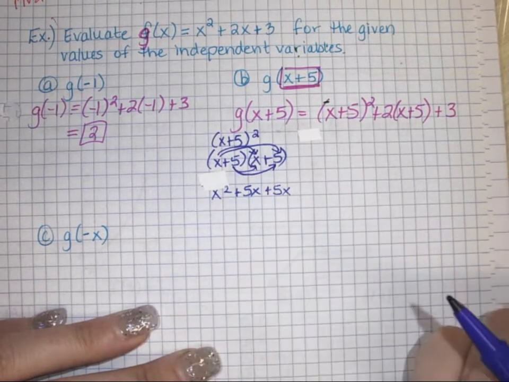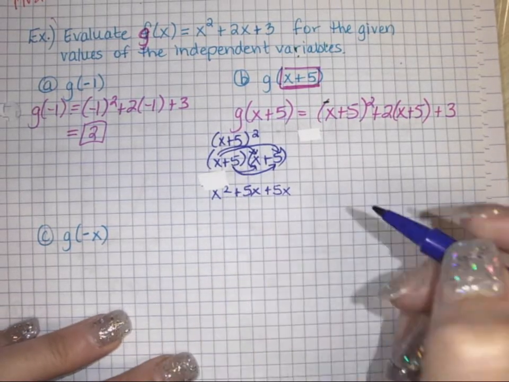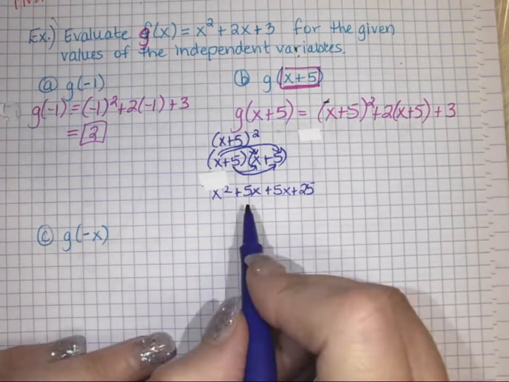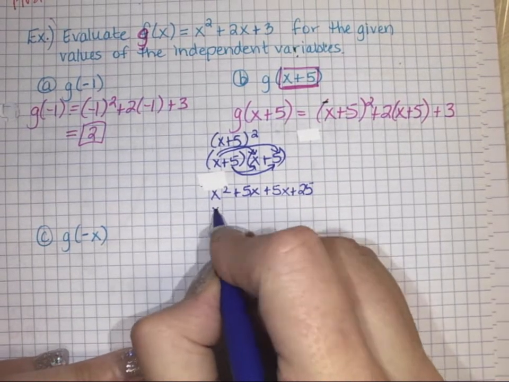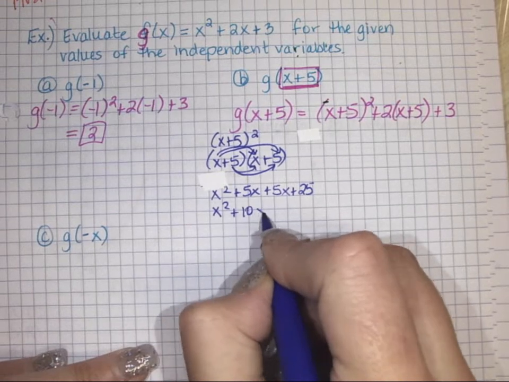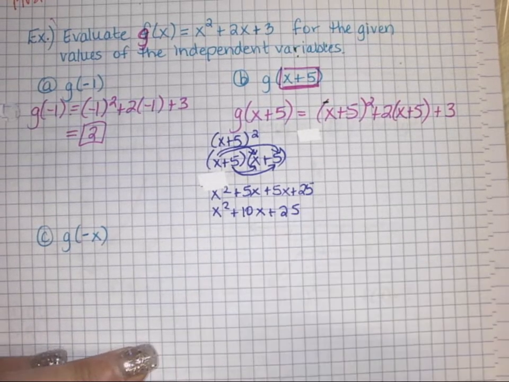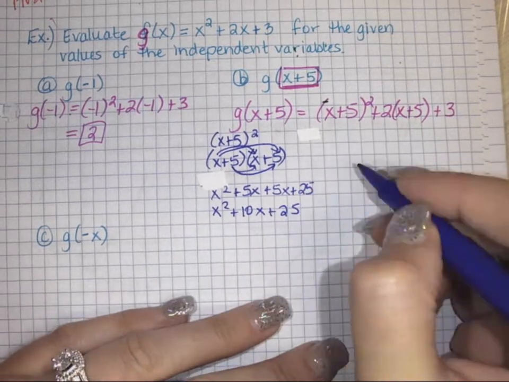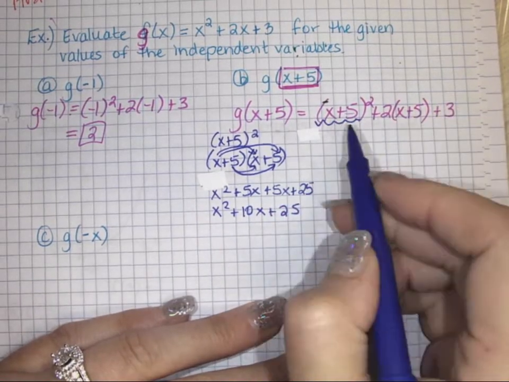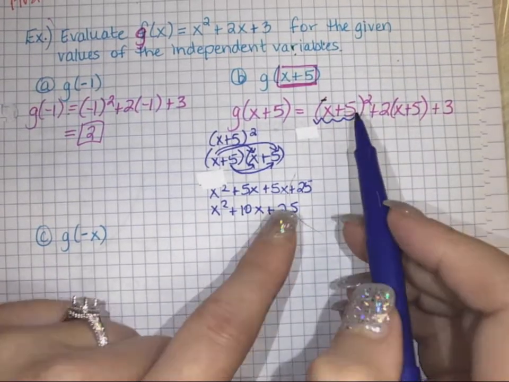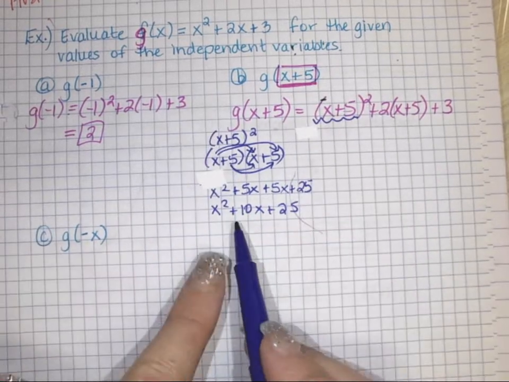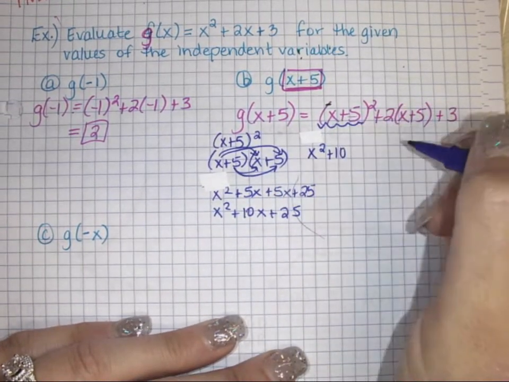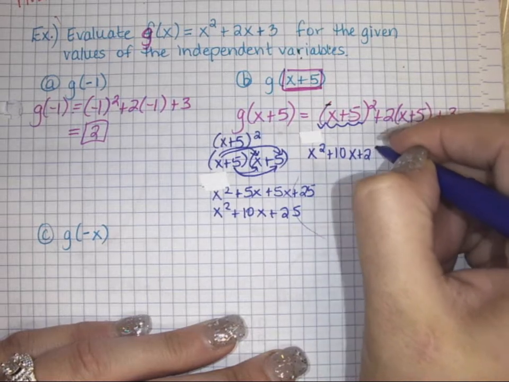Last terms, positive 5 times positive 5 makes positive 25. Simplify that, combine like terms in the middle, and you get x squared plus 10x plus 25. Plug that in. All we did was take that part and pull it out. So x squared plus 10x plus 25.